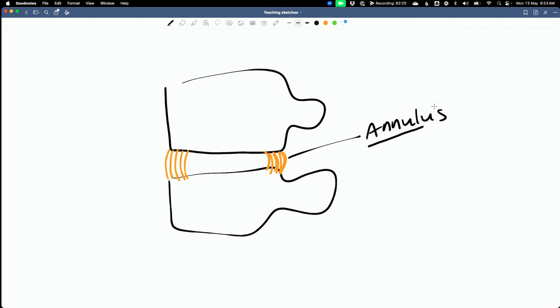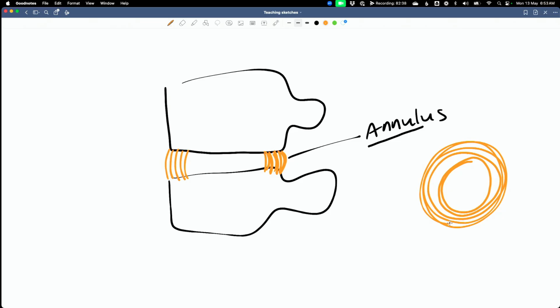It's the outer skin, the tough outer layer, and it's comprised of multiple layers of ligament. If we look at it from the top, it's like a coiled ligament wrapped around and around and around, with a hollow space in the middle. This is the top view.